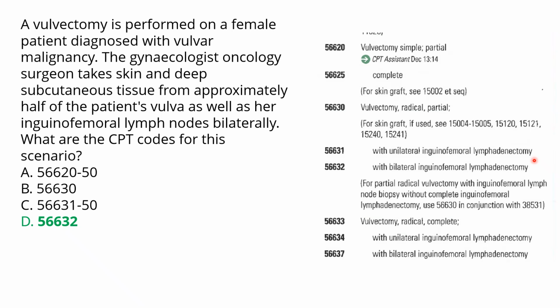Lymphadenectomy happened. And if you observe the codes, 631 talks about unilateral, while 632 talks about bilateral. And in the encounter, it was a bilateral removal of the inguinal lymph nodes. So D is the correct answer, pretty straightforward, and we will zero down the answer.